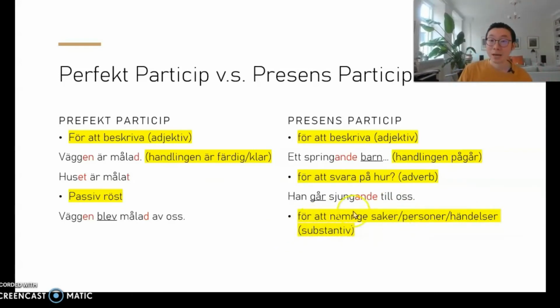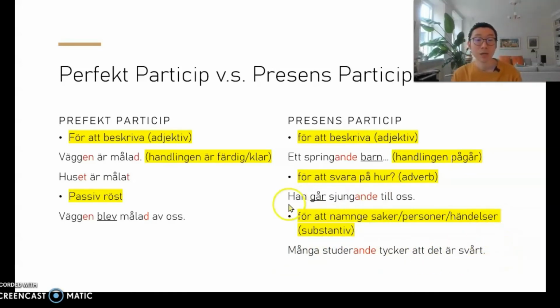För att namnge saker, personer eller händelser. To create a noun for things, persons or happenings. For example, många studerande tycker att det är svårt. Many studying people. So studerande is actually indicating a noun.